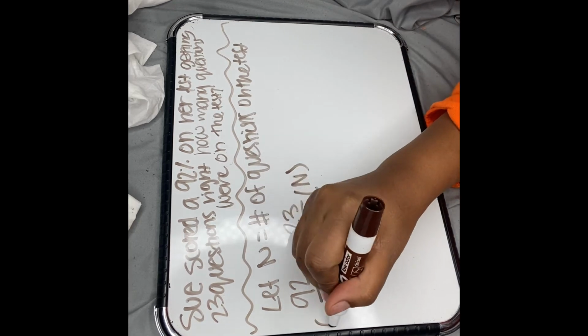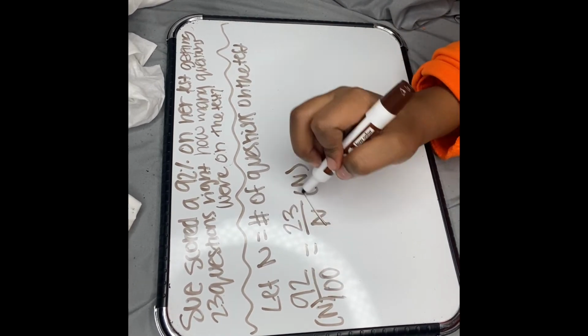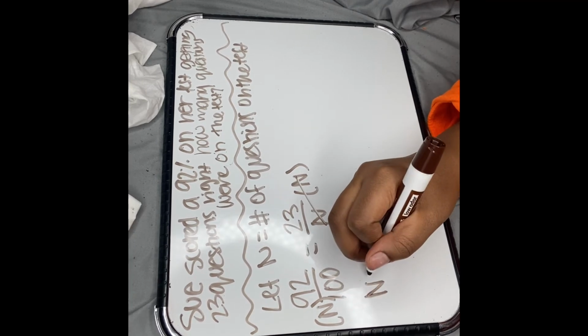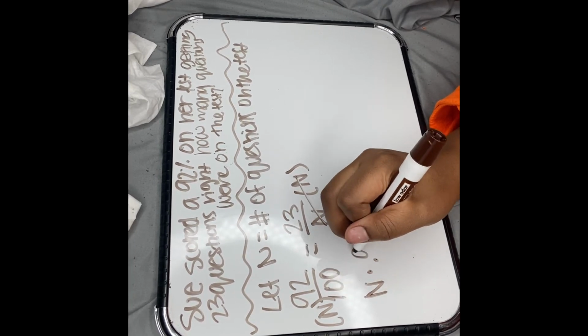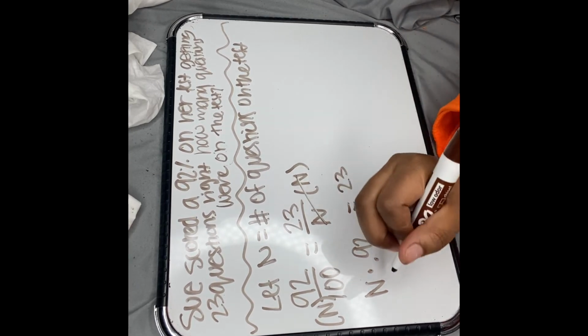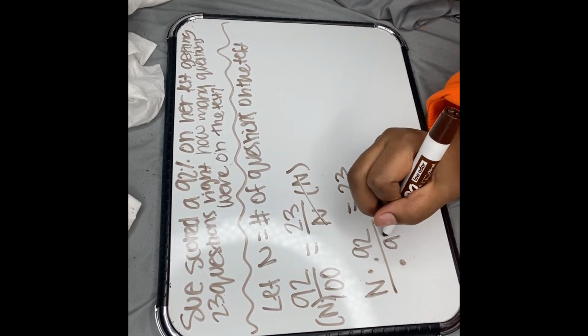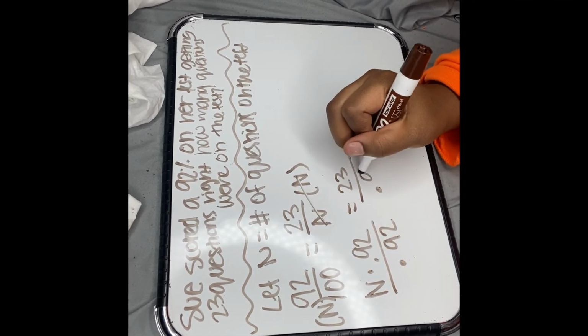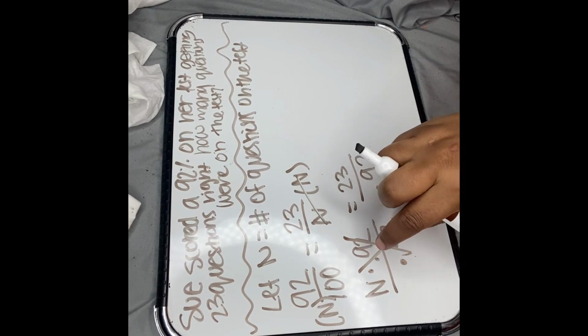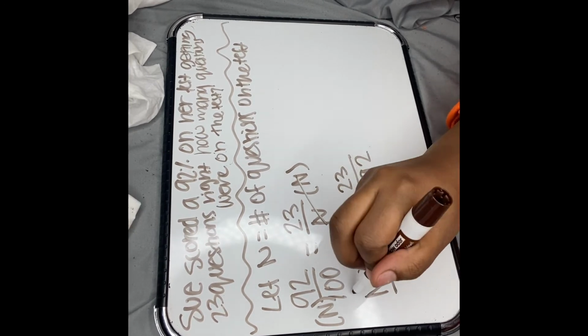So we need to move n over here, cancel out. That will give us n times 0.92, which equals 23. So we will divide 0.92 from both sides. The 0.92s on top of each other will cancel out, which leaves n by itself.